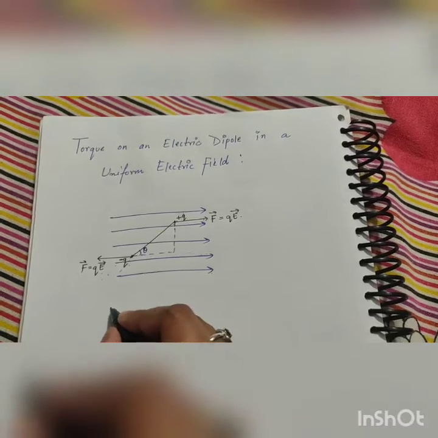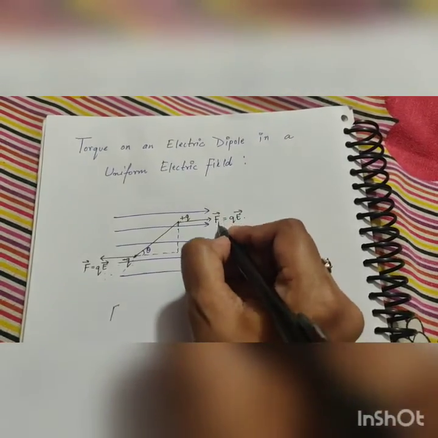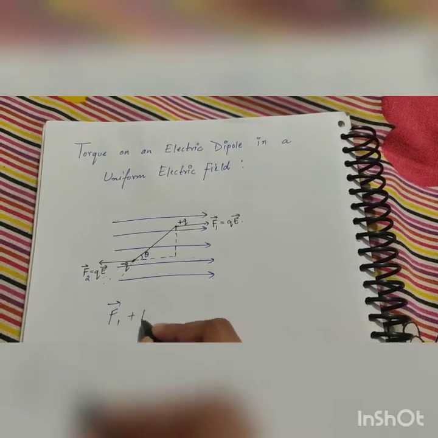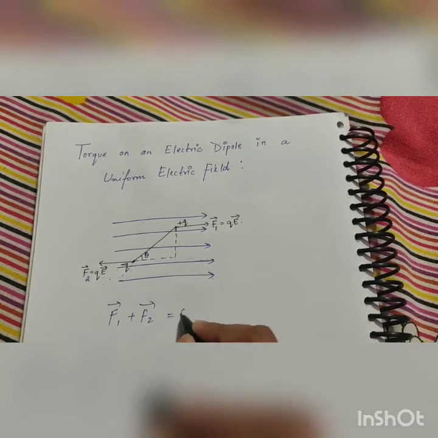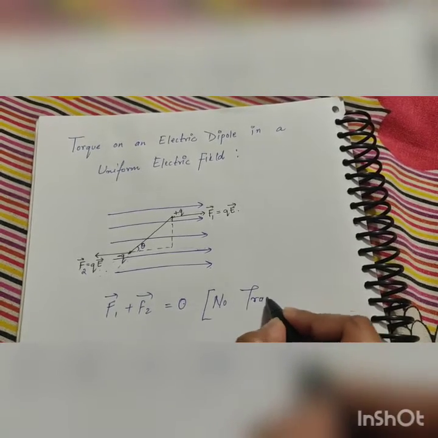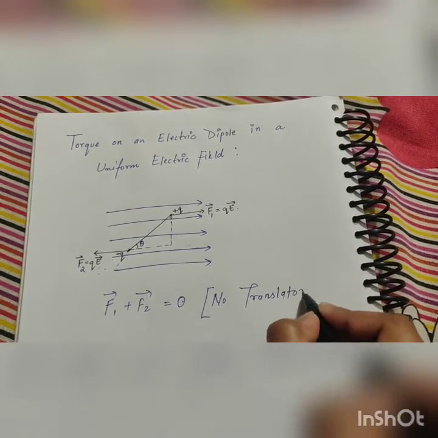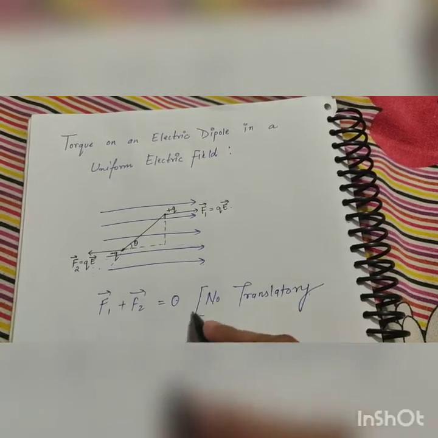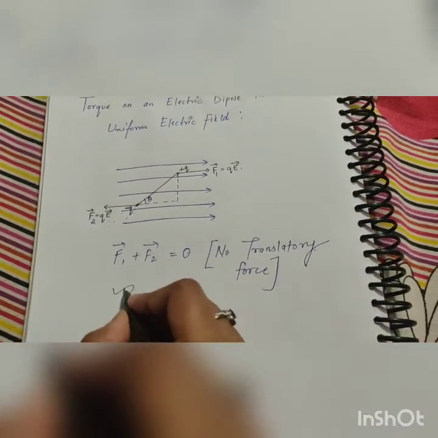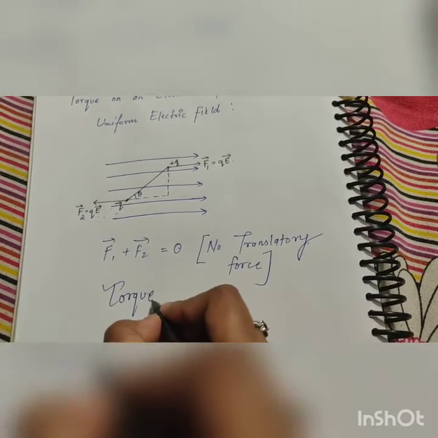And here, let's say this is F1 and this is F2, so F1 plus F2 will be equal to 0 because they are equal and opposite. It means there is no translatory force experienced by this electric dipole. It will experience only torque, that is the rotatory effect.